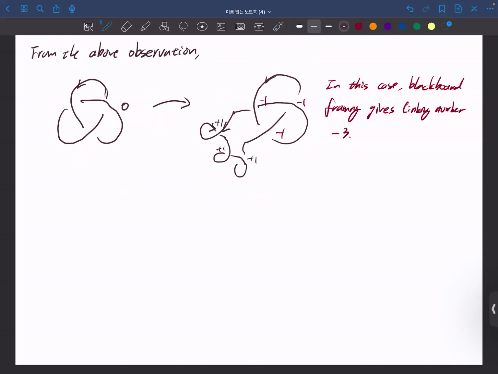So in this manner, you can obtain a diagram corresponding to a framed knot.